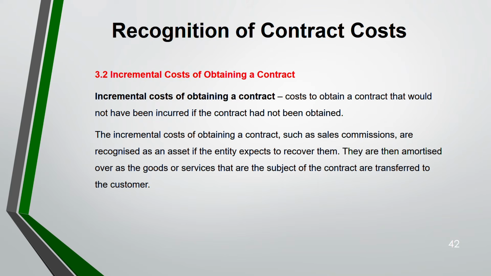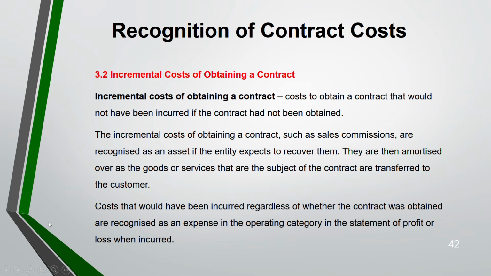So they are then amortized over the period the goods or services that are the subject of the contract are transferred to the customer. So over the goods and services that are transferred to the customer, you will keep amortizing. Next, cost that would have been incurred whether you obtain the contract or not are recognized as an expense in the operating category in your statement of profit and loss.